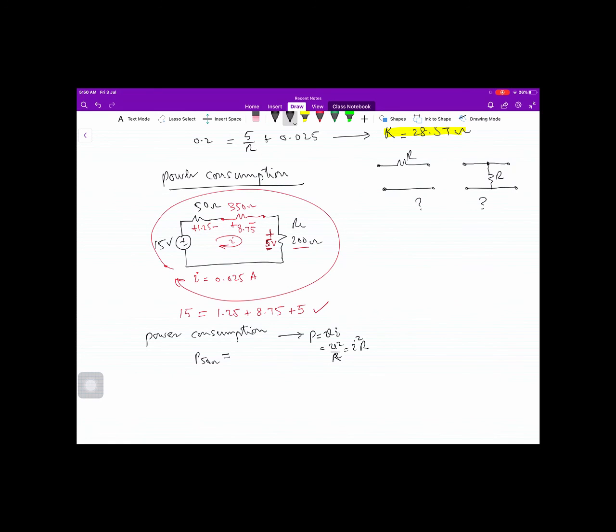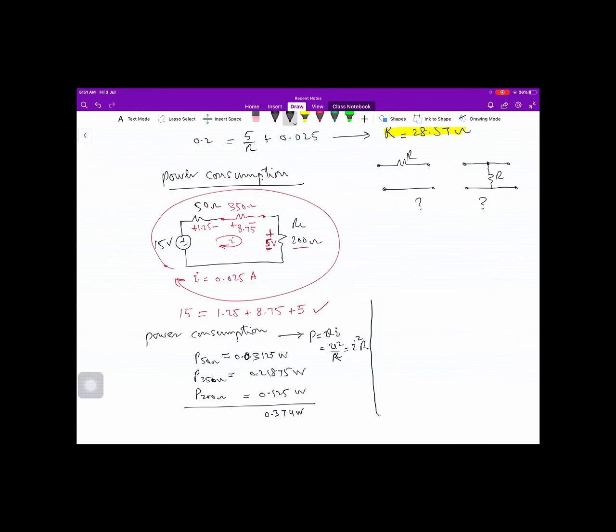The power which I have calculated before is 0.3125 watt. The power consumption in 350 ohm resistance of the interface is 0.21875 watt. The power consumption in the load resistance is 0.125 watt, and if we add all these, the total power consumption is 0.374 watt.